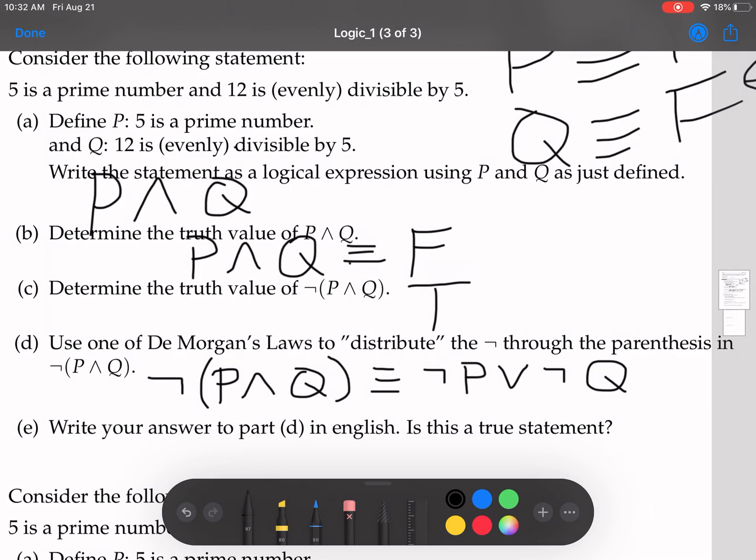So that's what we have here: the negation of P and Q is not P or not Q.